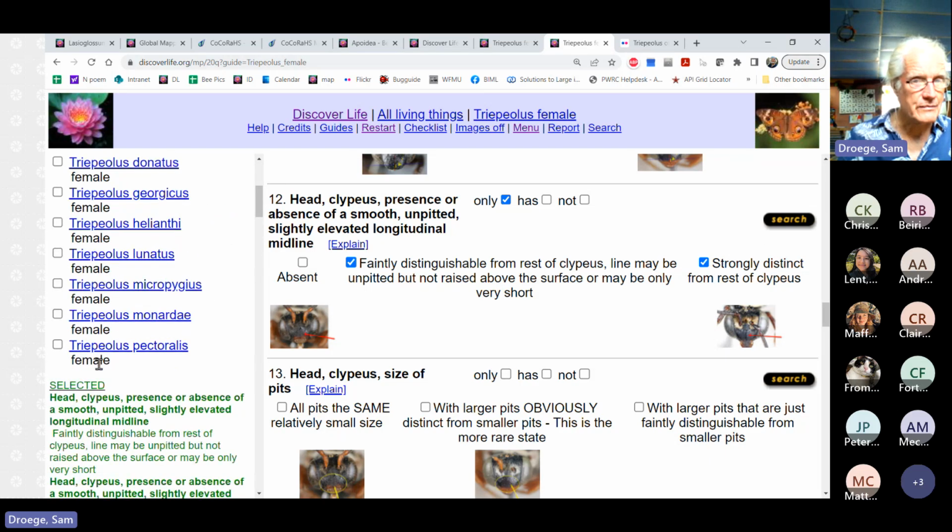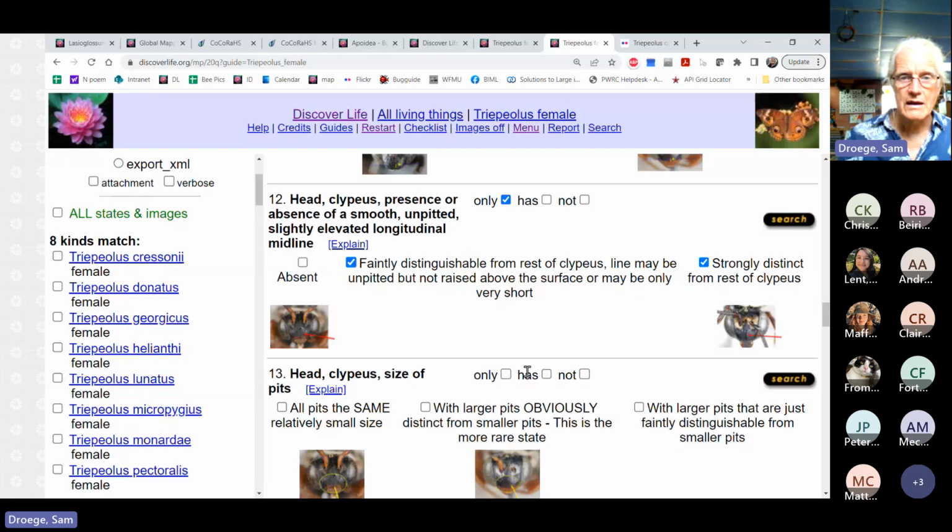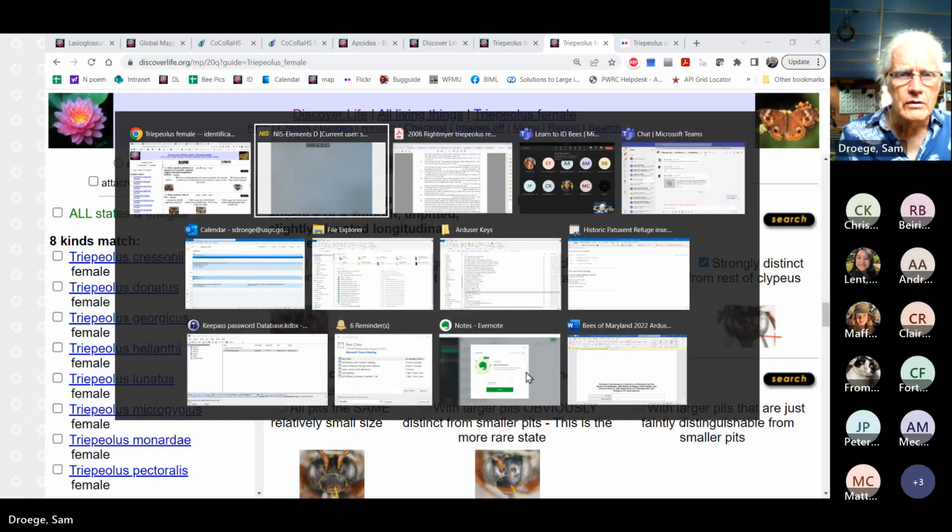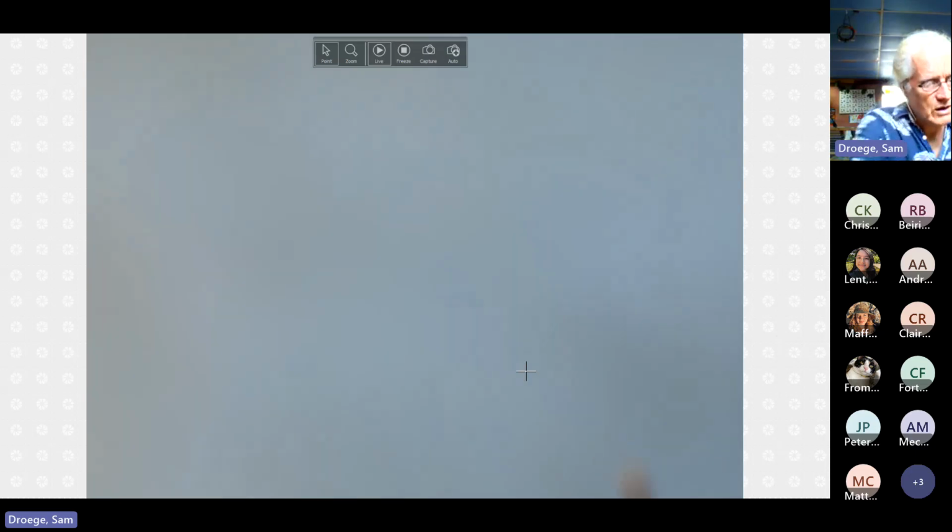Well, not that many. So lunatus is one, and often I can see, well, let's pull up lunatus and see if we can see what's considered to be a subtle line there. I believe I have seen that and used that a fair amount, but lunatus usually keys out pretty quickly, thankfully, because it is so common.